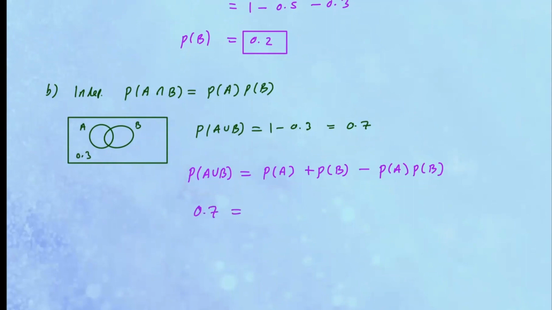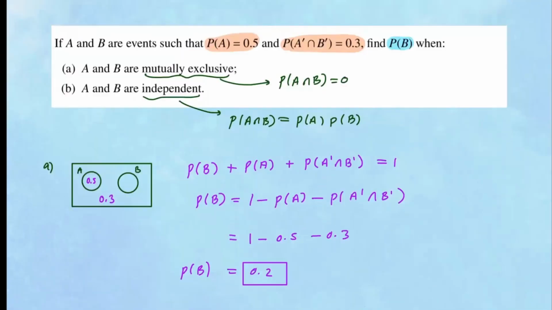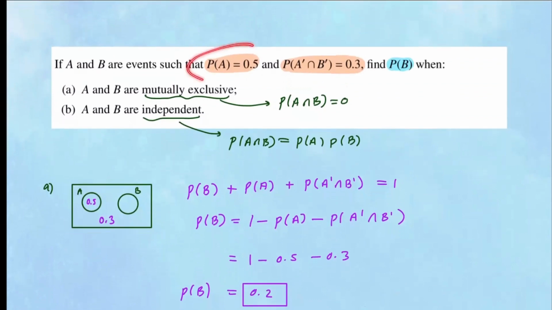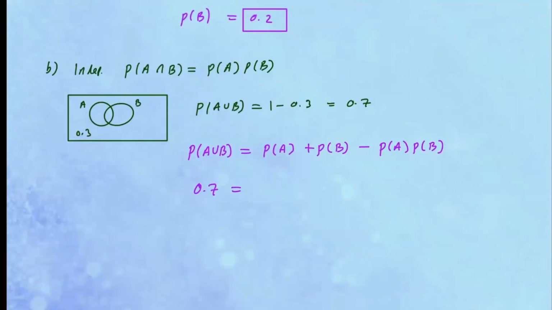This is equal to the probability of A, given to us in the problem right here, 0.5, so we substitute that here. The probability of B is what we're looking for, so this is the probability of B minus the probability of A, which is 0.5, times the probability of B.